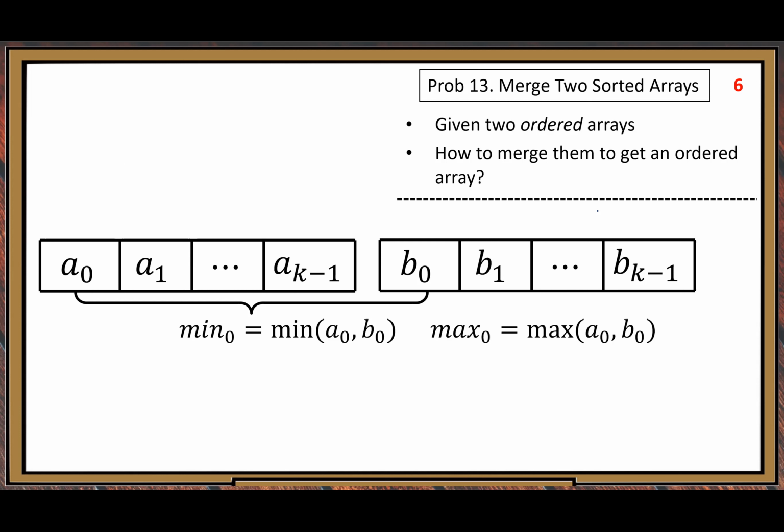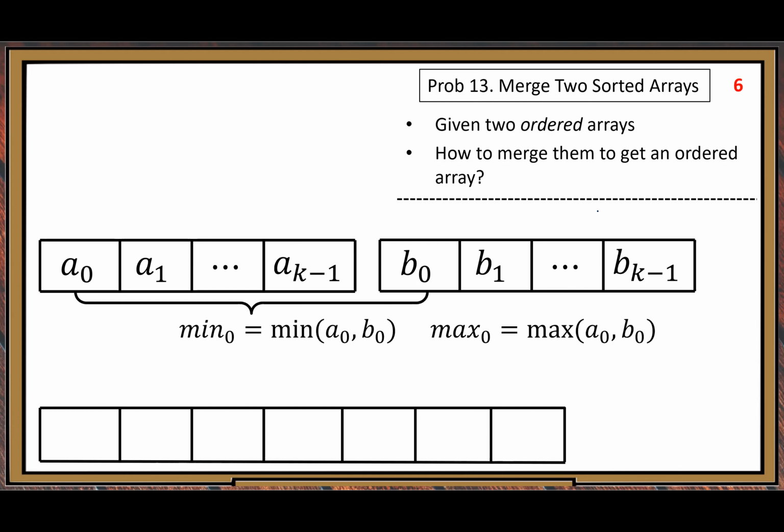Then the maximum, max 0, is the max of A0 and B0, but we do not know its position. We know the position of min 0, that's the first one in the final ordered array, but we do not know the position of max 0. So we will find its position later.